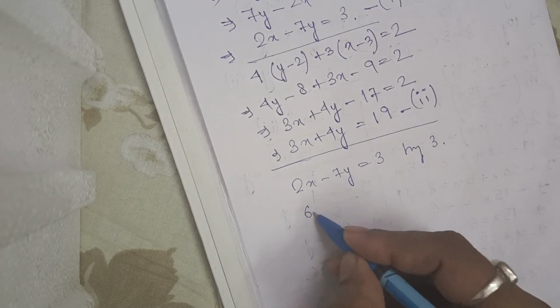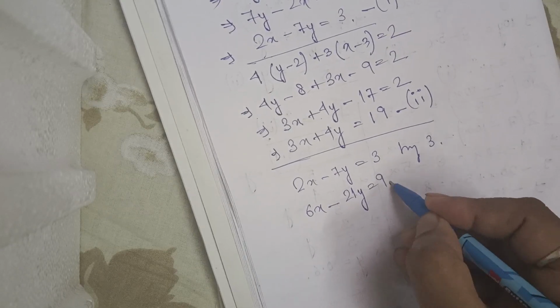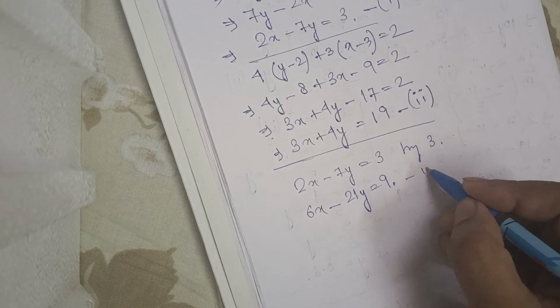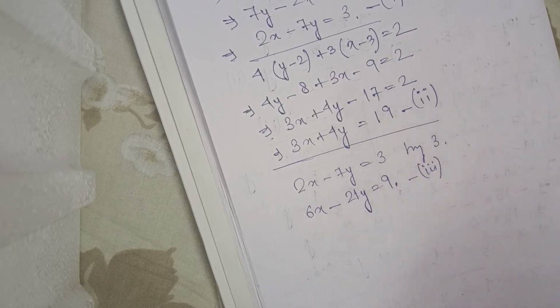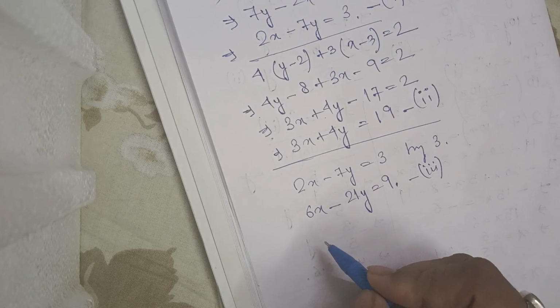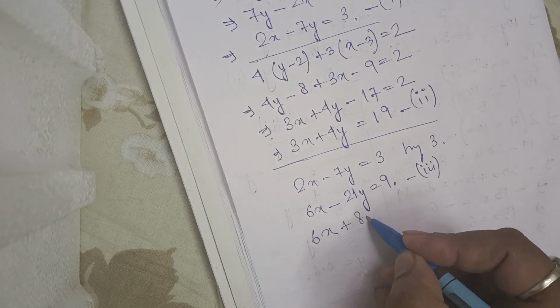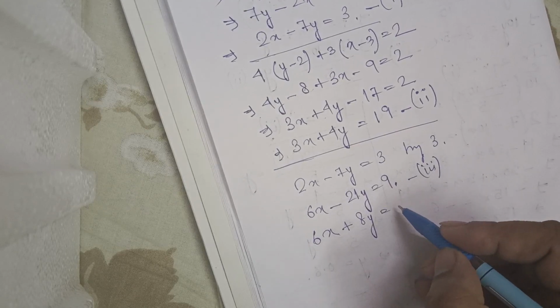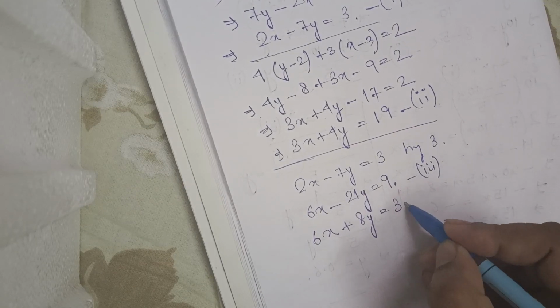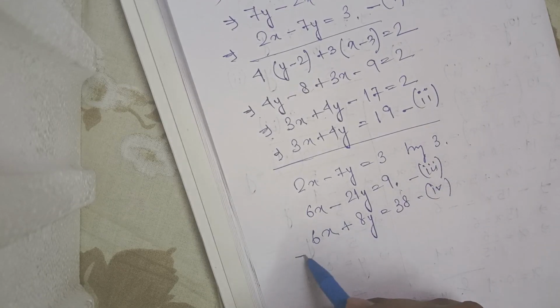So 6x minus 21y equals 9. It's equation number 3. And let's multiply equation number 2 by 2. So we get 6x plus 8y equals 19 into 2, 38. Let us name it as equation number 4.